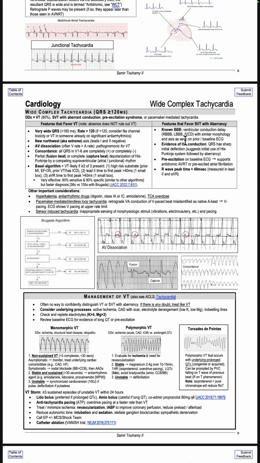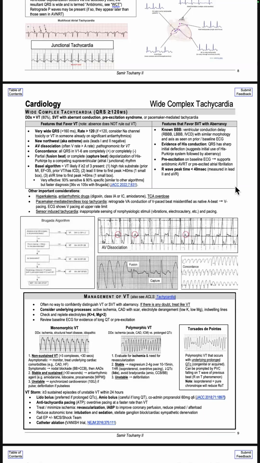If there's any evidence of His conduction in which the QRS has sharp initial deflection, that could be SVT with aberrancy. If there's pre-excitation on baseline ECG, this supports antidromic AVRT or pre-excited fibrillation. If the R wave peak time is less than 40 milliseconds, this is also positive for SVT with aberrancy.